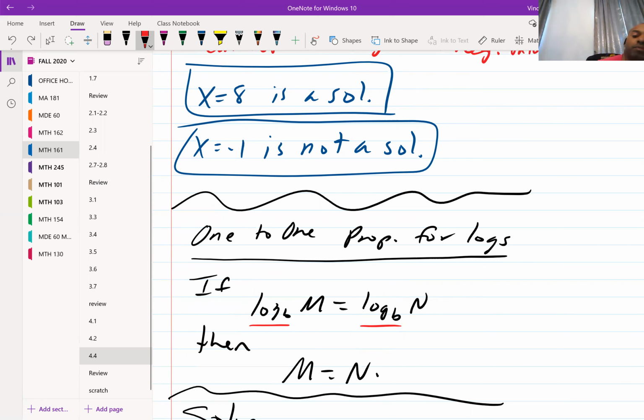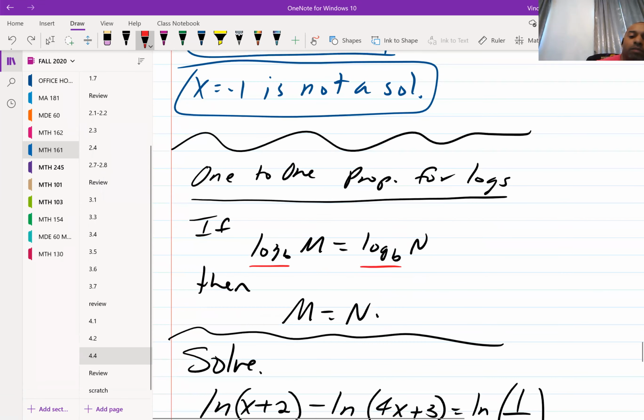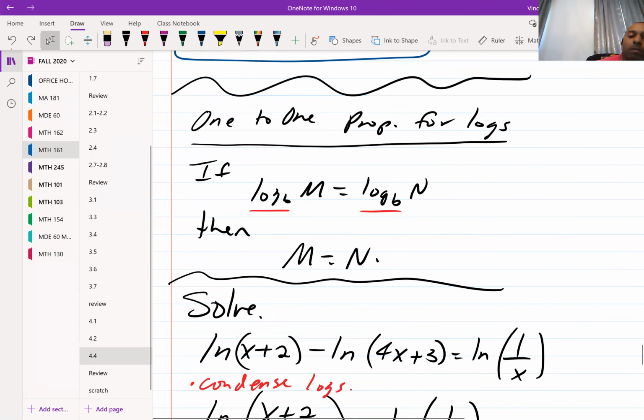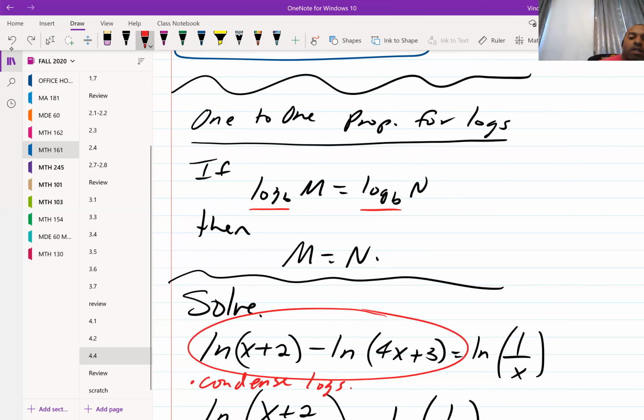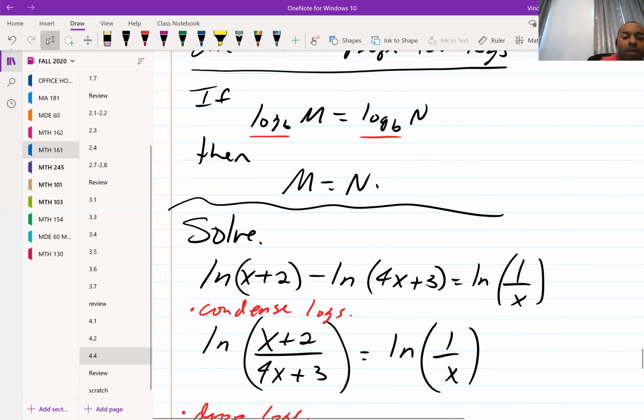All right. So here in this one, we have natural log of x plus 2 minus natural log of 4x plus 3 equal to natural log of 1 over x. Now we cannot apply this yet, because we have more than one log on either side of our equation. We need a single log on each side. So we're going to condense the left side into one single log.